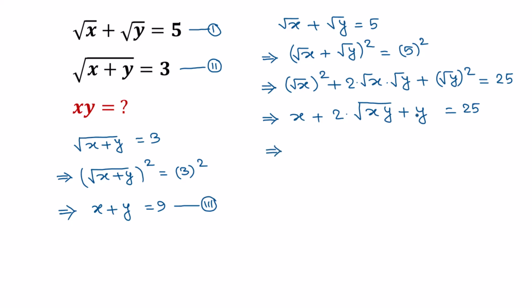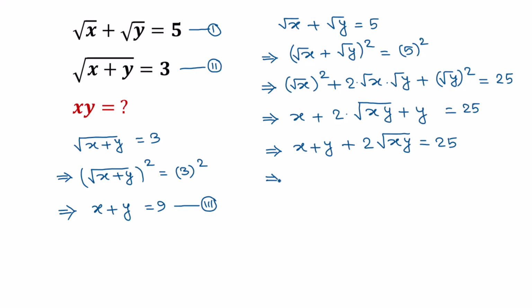Now rearranging, we can write x and y. So x plus y plus 2 times square root of xy is equal to the right side, 25.